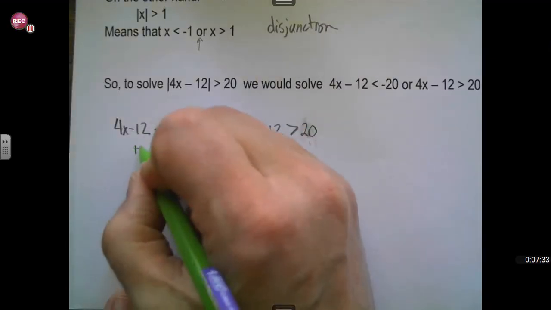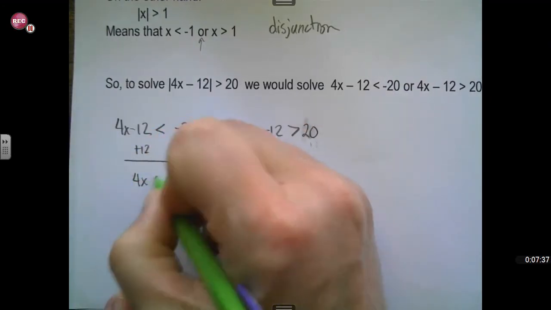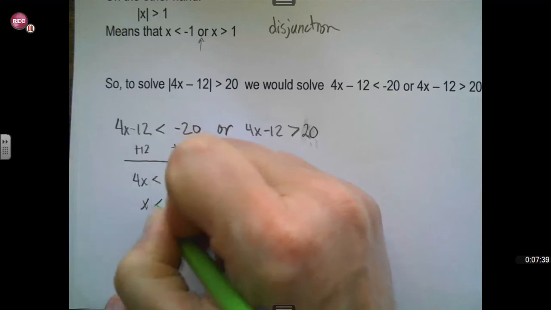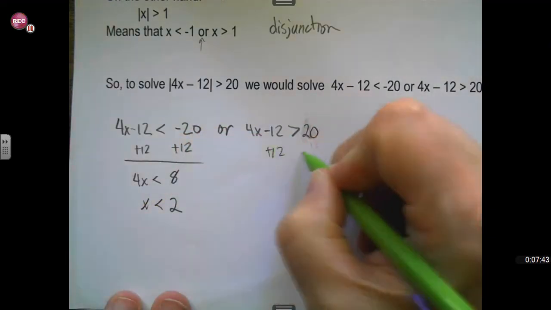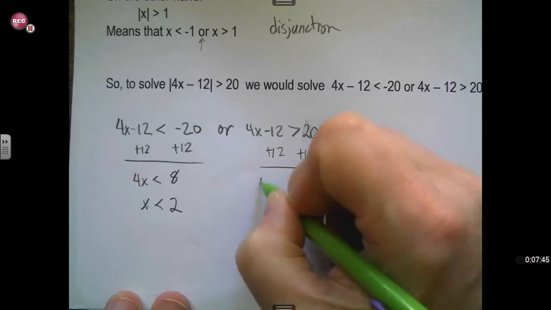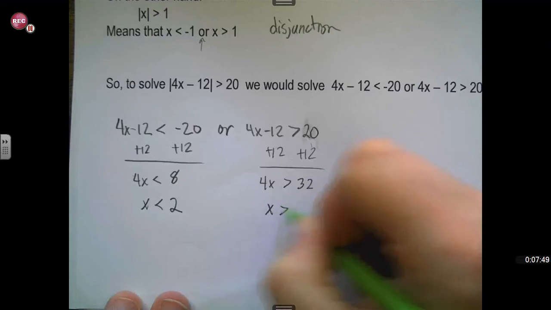We add 12 to both sides here, and I get 4x less than 8, x less than 2. Then I add 12 over here, and I get 4x is greater than 32, x is greater than 8.